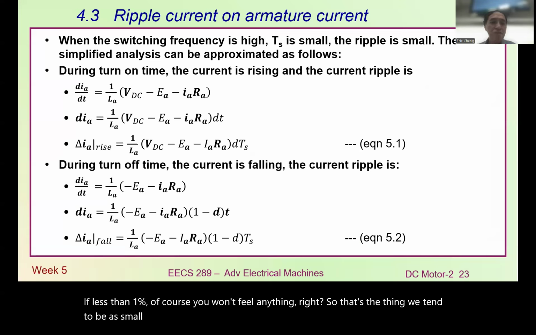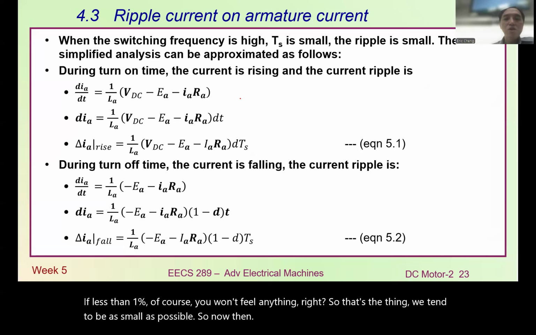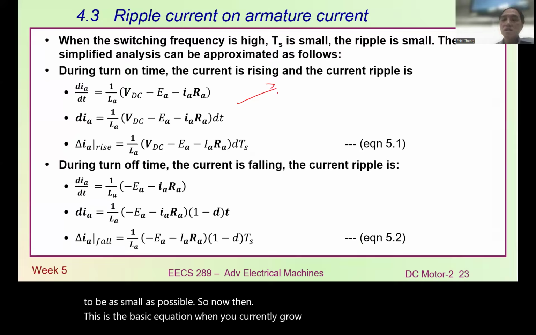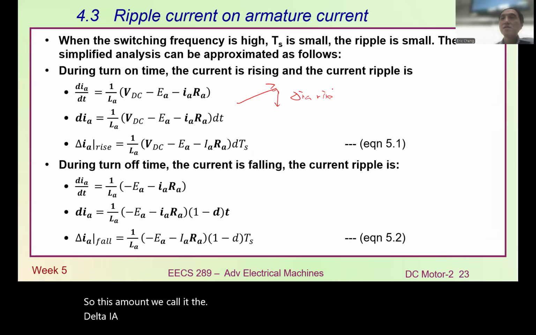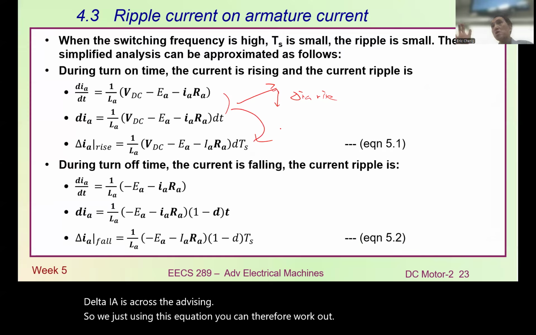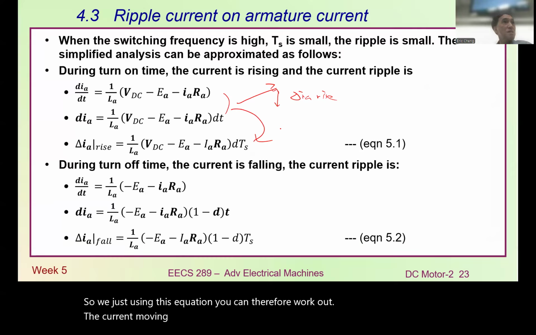So now, this is the basic equation when the current is going up, right? So this amount, we call it delta IA, is of course the rising. Using this equation, we can work out how much the current is going up.